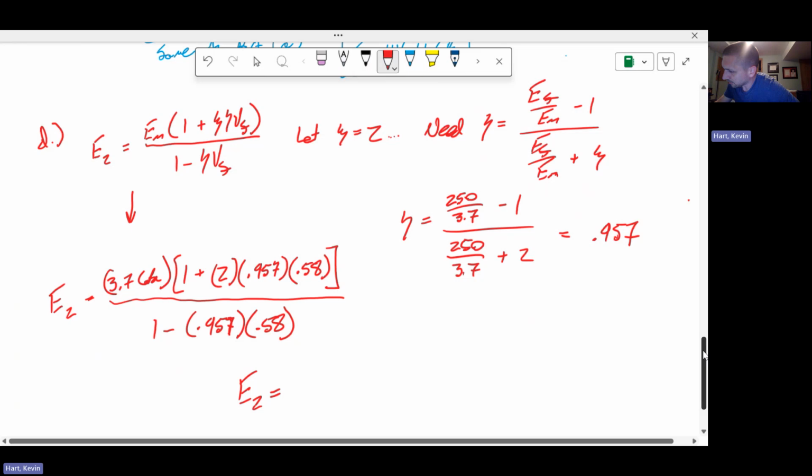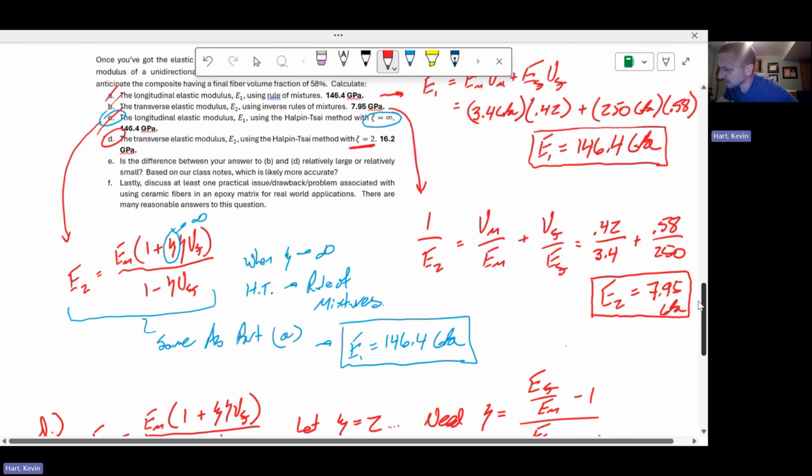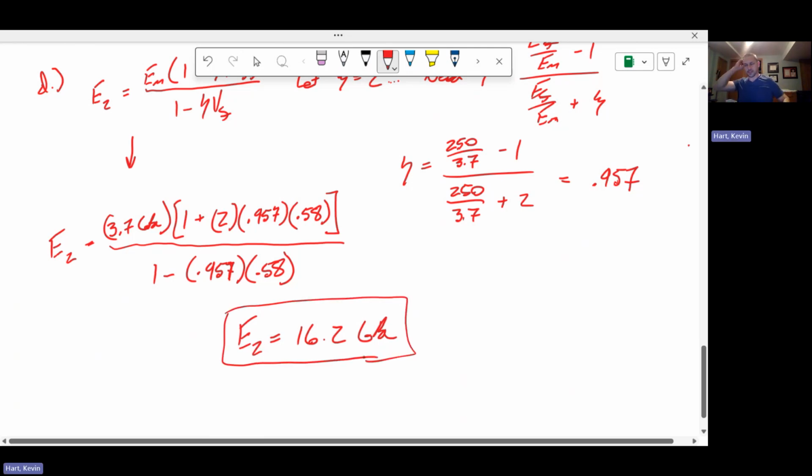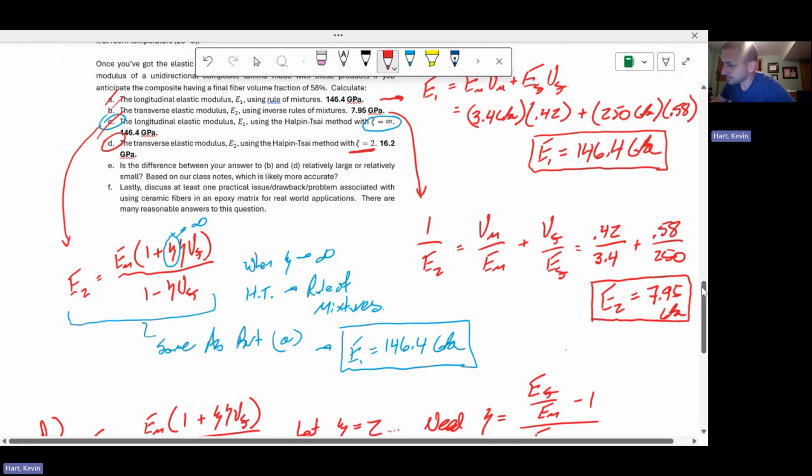Do this calculation, you will get 16.2 GPa. Got it? All right, that's part D. Move on to part E.